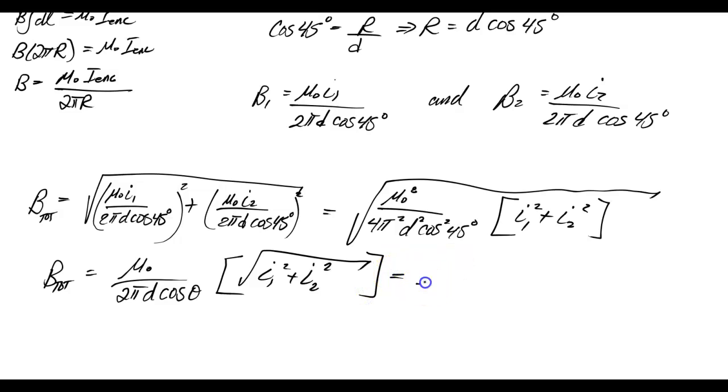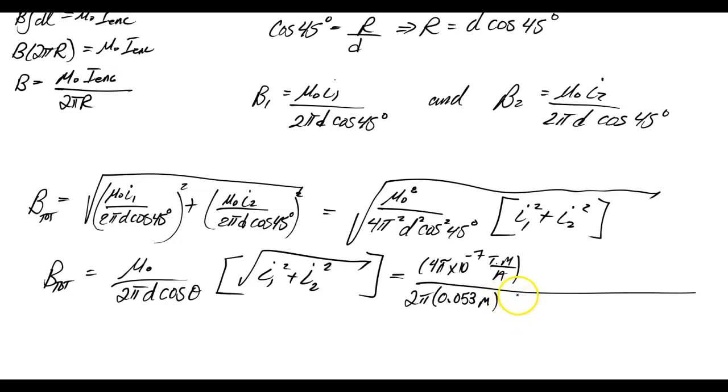Mu naught, if you remember, is 4 pi times 10 to the minus 7 Tesla meter per amp. 2 pi d is given as 5.3 centimeters, times cosine of 45 degrees, times the square root of I1, which is given as 15 amps, quantity squared plus I2, which is given as 32 amps, squared.